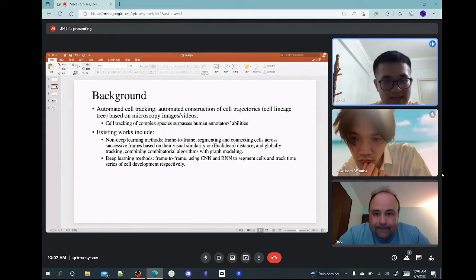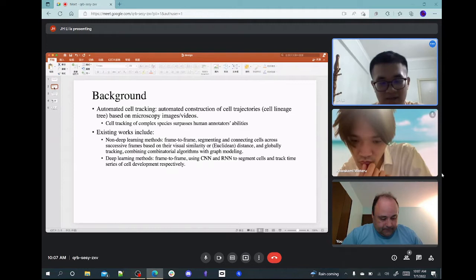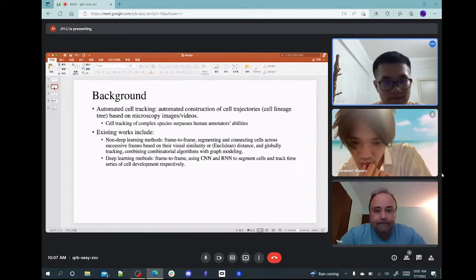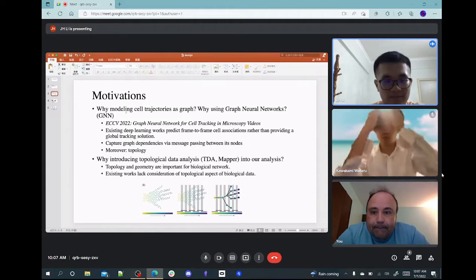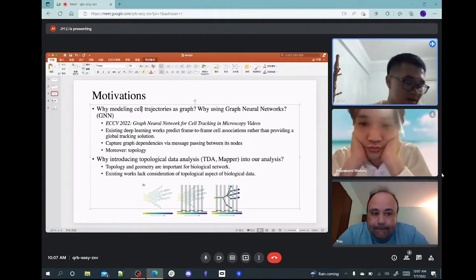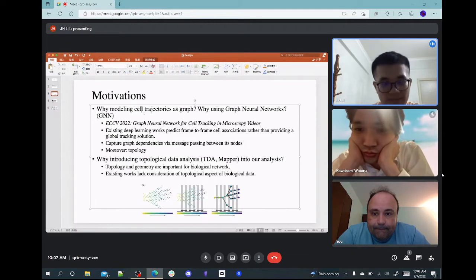And next, I want to briefly introduce our motivations, of why we combine topology and graph neural network to track cells. And these are our motivations. The first one is regarding why we model cell trajectories as graphs, or why use graph neural networks to solve our problems.